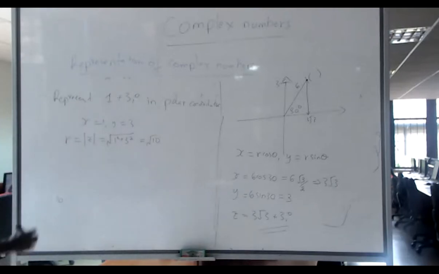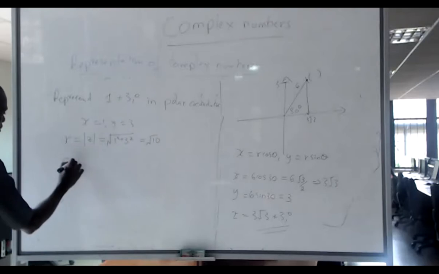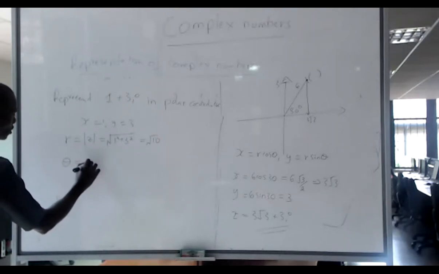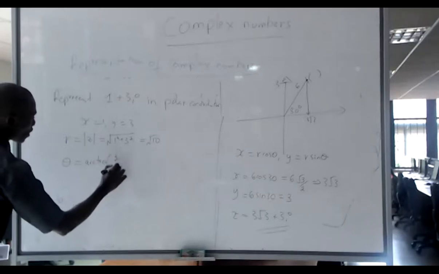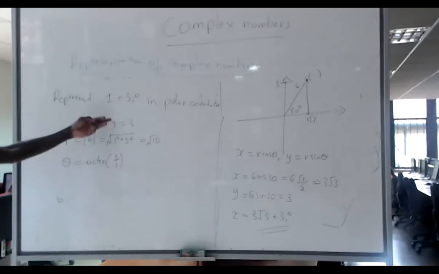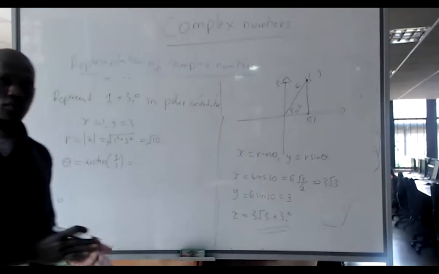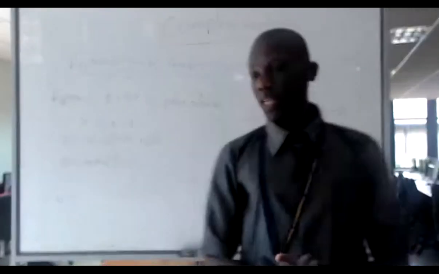How about the angle? You could use any formula. So I choose tan. So I want to find arctan of 3 divided by 1. Because 3 is y, so y divided by x, 3 divided by 1. What's arctan of 3? What's the tan inverse of 3?